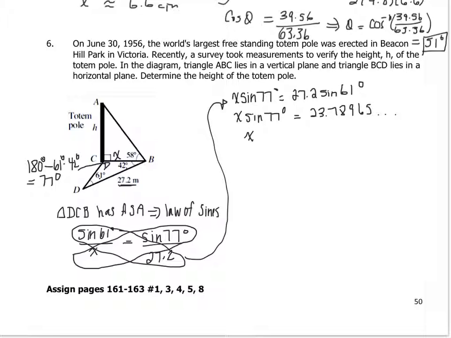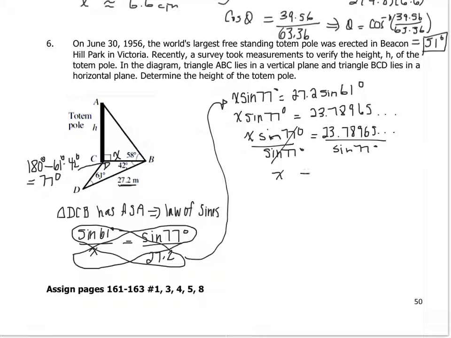So x sine 77, and the dot dot dot just indicates I just wrote down some of the digits that came up on the calculator. So I'm going to want to get x by itself, so I've got to divide both sides by sine of 77.